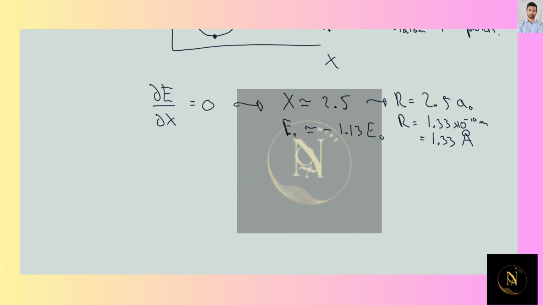Now, for the binding energy, or the bond dissociation energy, this is going to be equal to the value for the energy at equilibrium, this value for E plus that we got, minus the value for E naught, which is going to be minus 1.13 E naught minus the value for E naught.